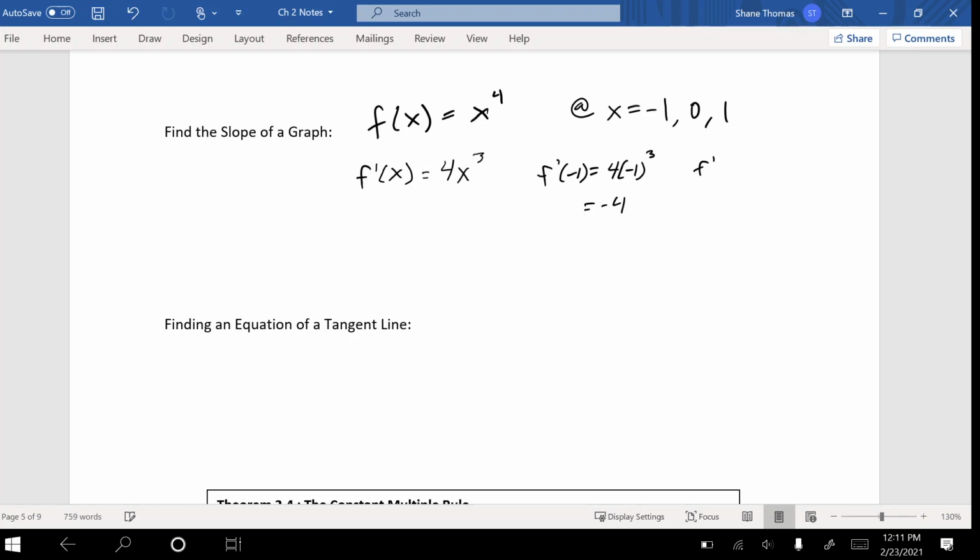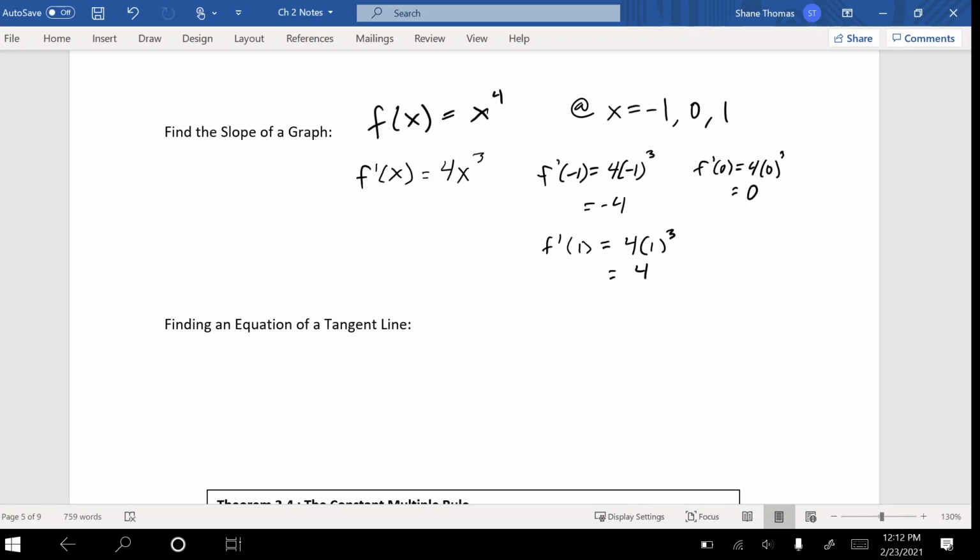Next one, f prime of 0. Plug a 0 in for x. That's just 0 and 0. The slope would be 0. Then f prime of 1, 4 times 1 to the third is going to be 4.